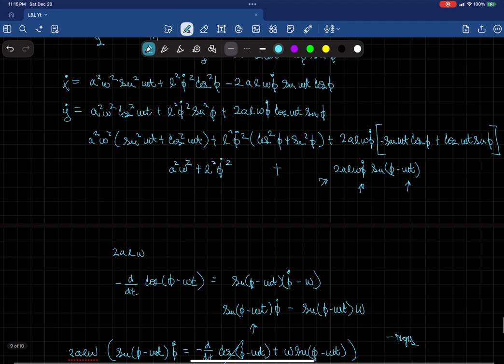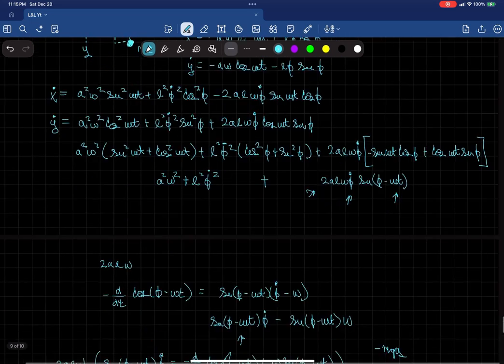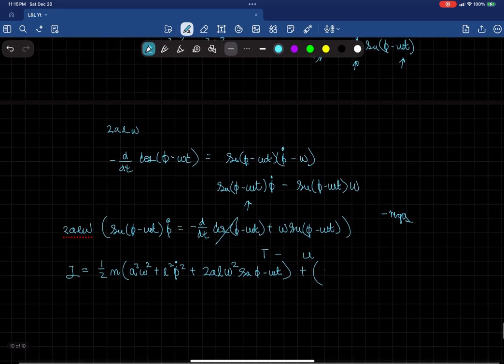And our y term is minus a sine omega t plus L cosine phi, all of this being multiplied by mg. Now here we also have another function that is just dependent on time, and it is just like adding a time derivative function to our Lagrangian, which we can also just omit.